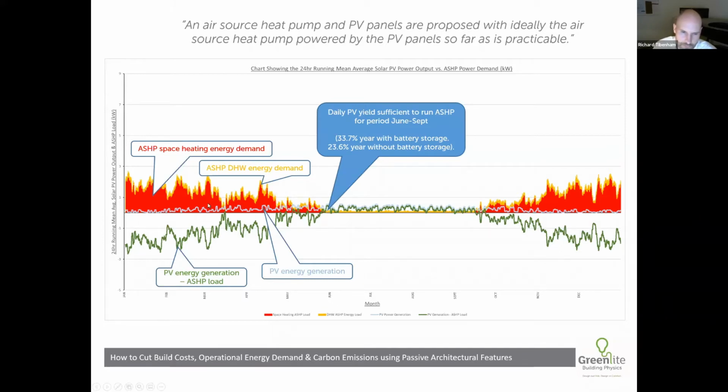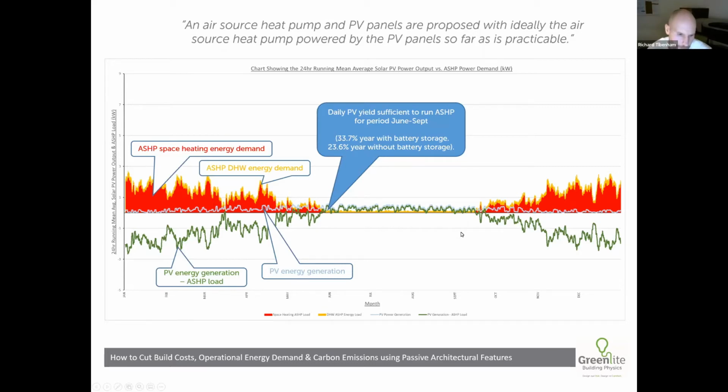Throughout the heating season, it doesn't deliver enough to run that heat pump. So I've calculated this to equate to about 34% of the year if you have some battery storage, and about 24% without battery storage. So it's not really performing particularly well. You're just delivering that energy autonomy during the summertime season.